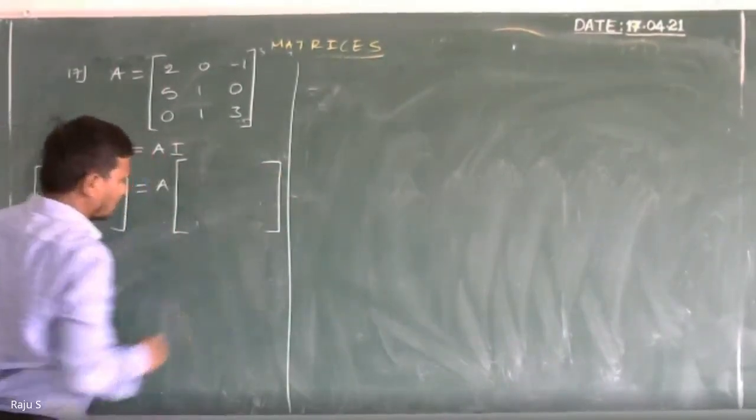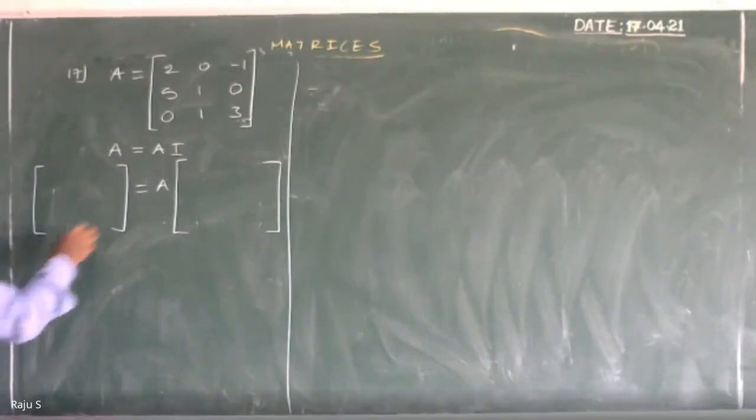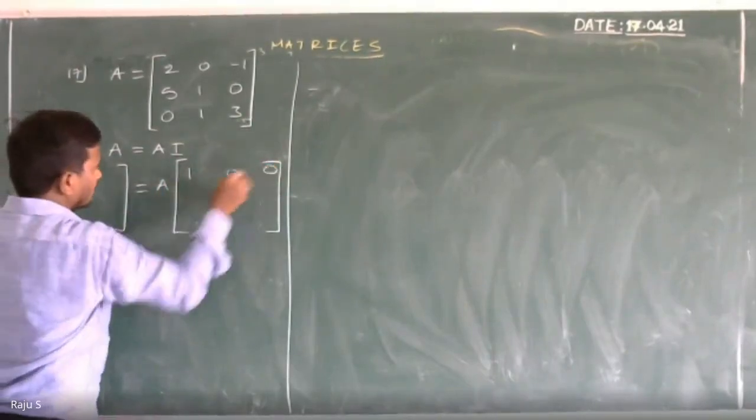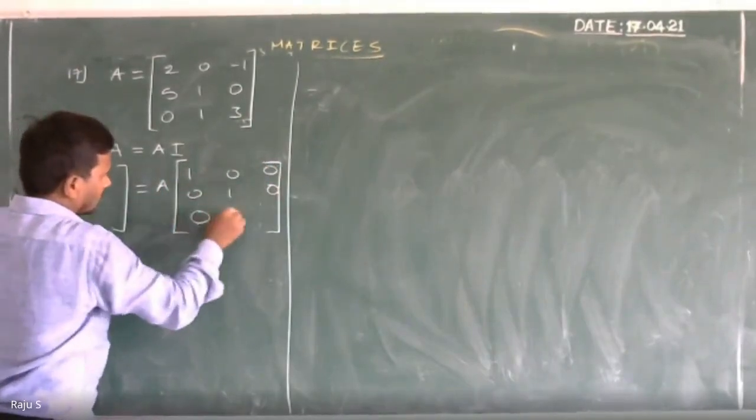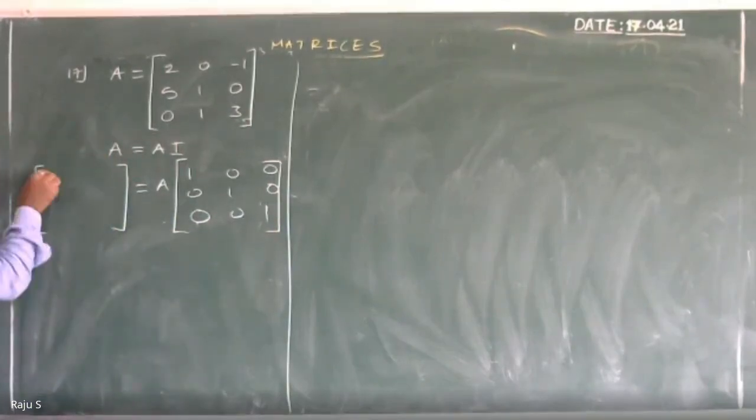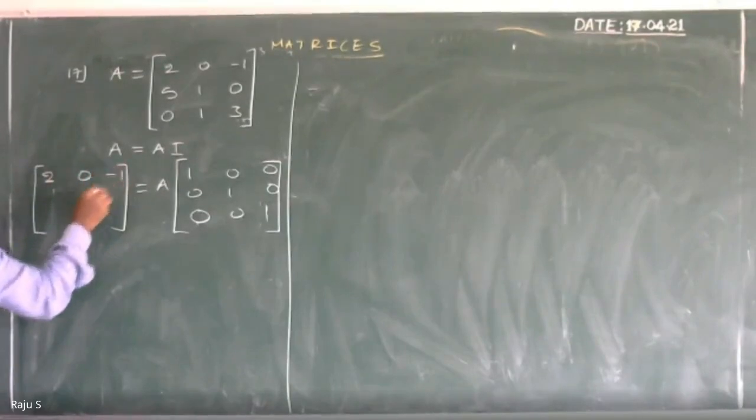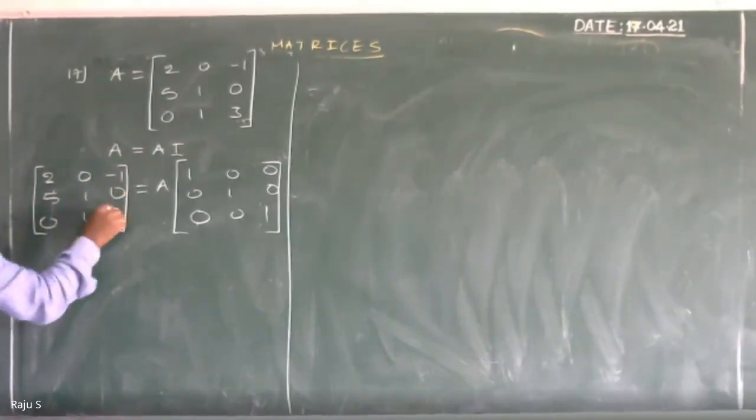So here given matrix of order 3 by 3, so identity also must be 3 by 3. Right. 2, 0, minus 1, 5, 1, 0, 0, 1, 3.